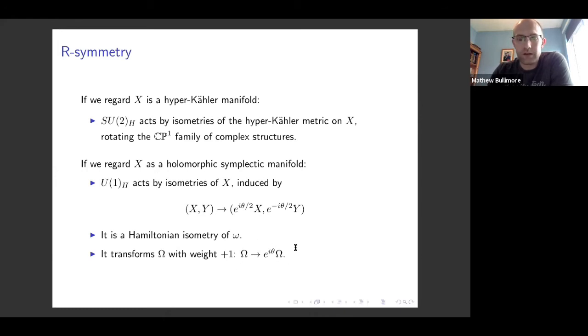One way to see that is that the holomorphic symplectic form was just dx wedge dy under the quotient. And indeed, if I hadn't made the typo, then it would transform in this way. So that's how I can see the R symmetry. It's a Hamiltonian isometry that transforms the holomorphic symplectic form with weight 1.